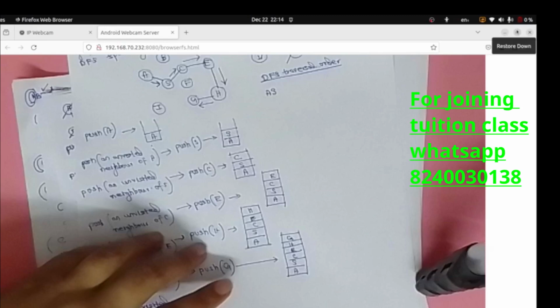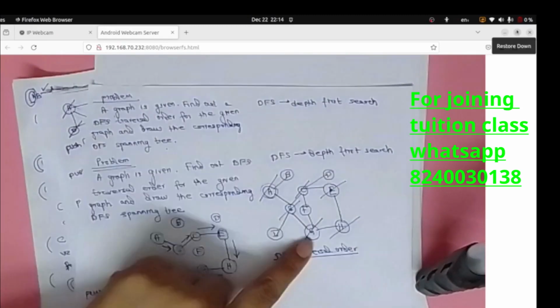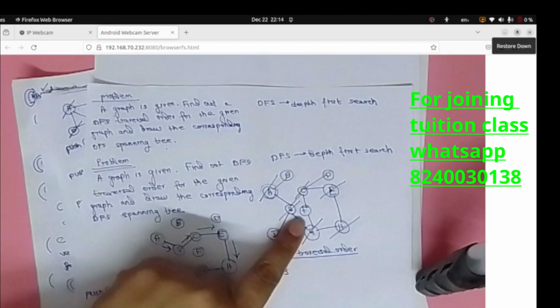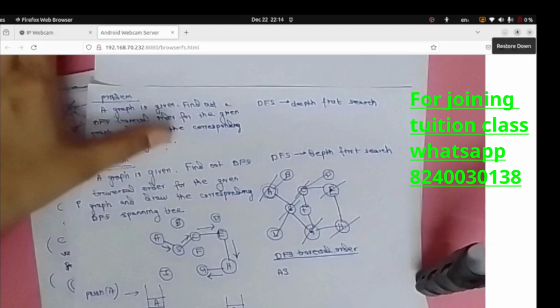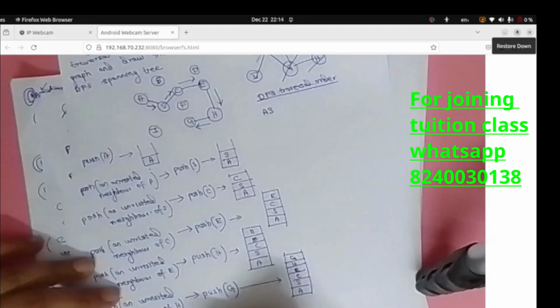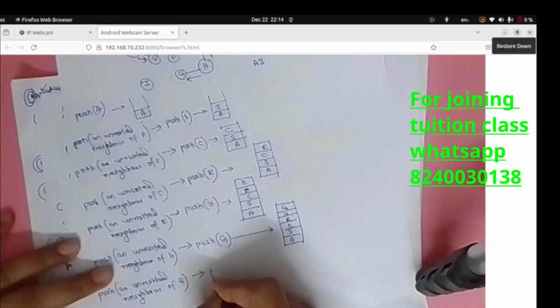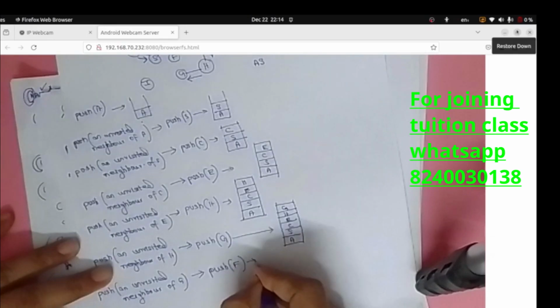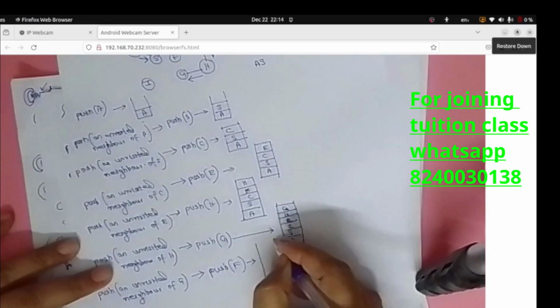For that you have to see the graph. For G there is only one unvisited member, which is F. So F should be pushed into the stack. And so the operation will be push F. So F now will be the current topmost element of the stack.